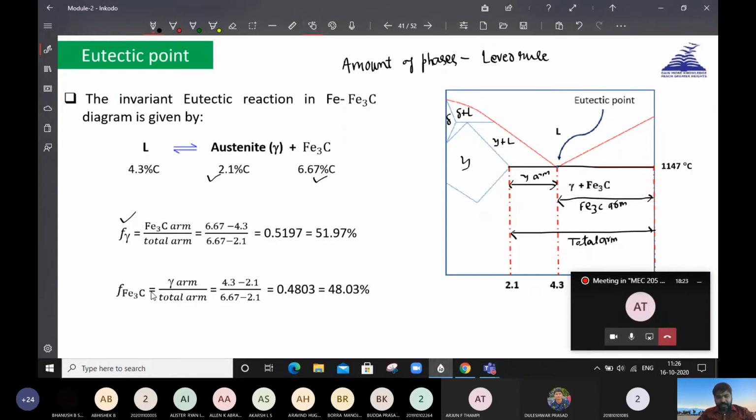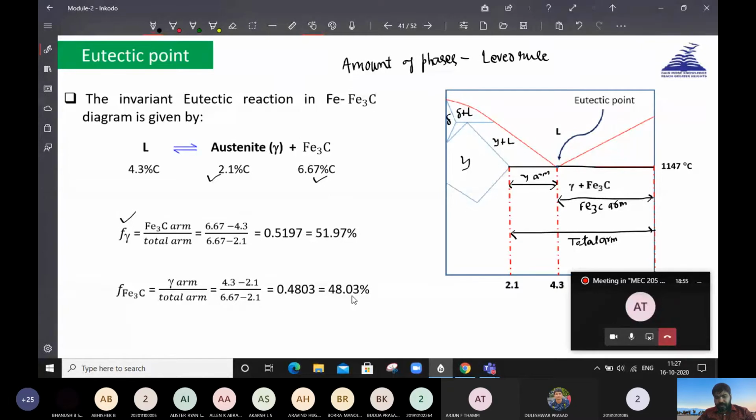The fraction of Fe3C is given by the opposite arm, that is the gamma arm, divided by the total arm. This distance is 4.3 minus 2.1, divided by the total arm, which we have calculated as 6.67 minus 2.1.